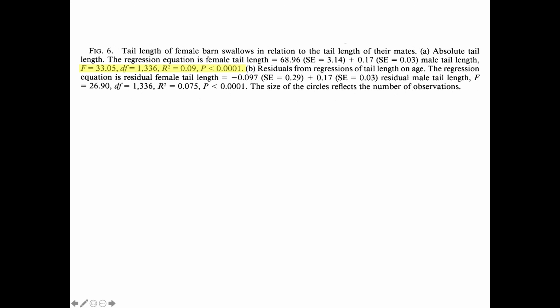So here we see the slope value is 0.17. The slope value here is also 0.17. Those are not very different from a slope of 0, but you have a lot of data that allow you to detect that that slope is different from 0. The r-square value also tells you that there's a lot of variation around the line.